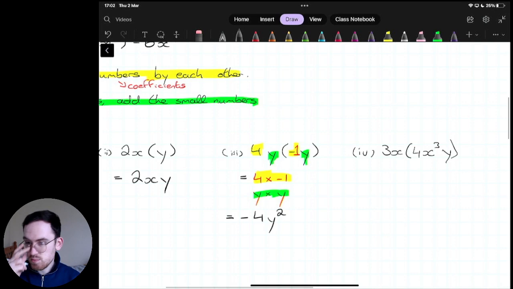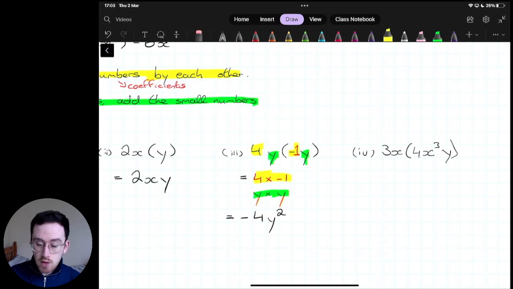3x multiplied by 4x cubed y. Okay, so this is a more complicated one than we've seen already, but let's just do the same idea. So we will multiply the numbers by each other. So 3 multiplied by 4 gives me 12. Then we want to multiply the letters. So to multiply the letters, we have x multiplied by x cubed y.